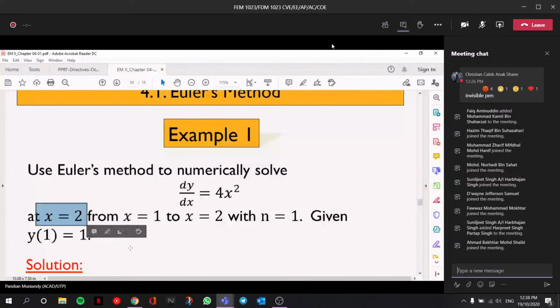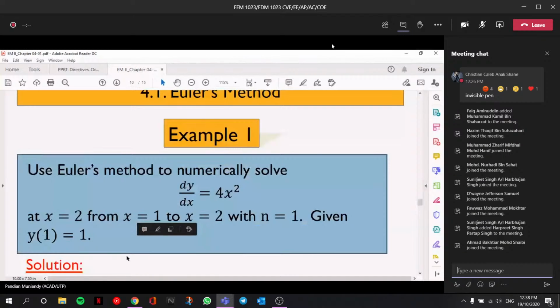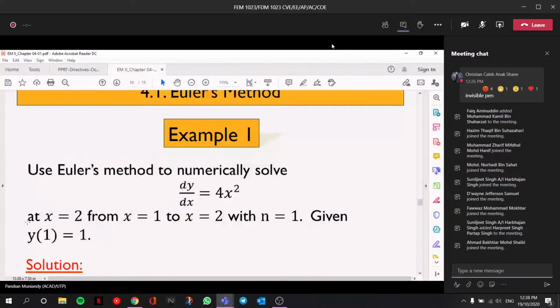We do not know what your y is when x is 2. That is what we want to find. But when x equals 1, you already knew your output. When x naught is 1, your y naught is 1. This we already knew.